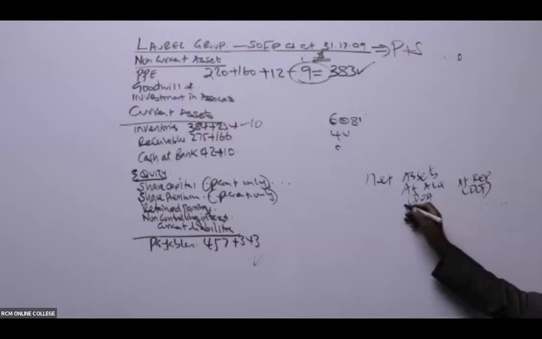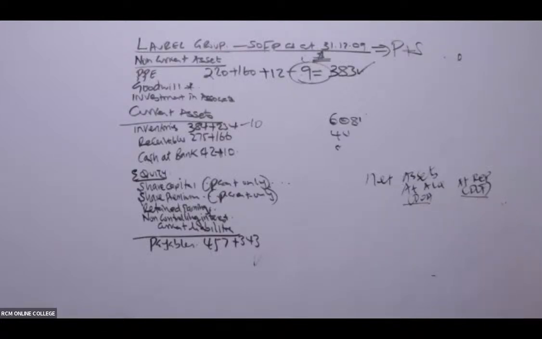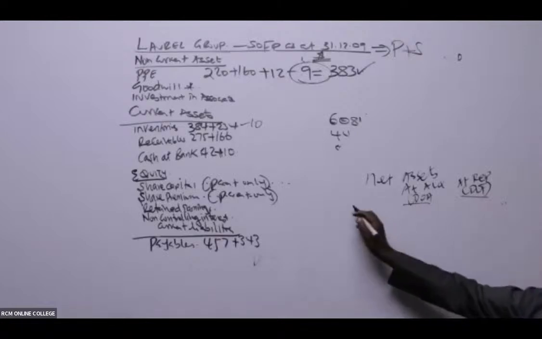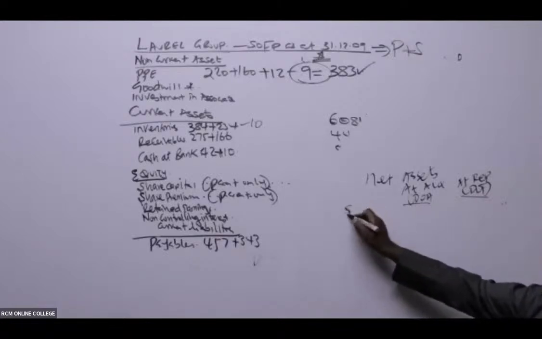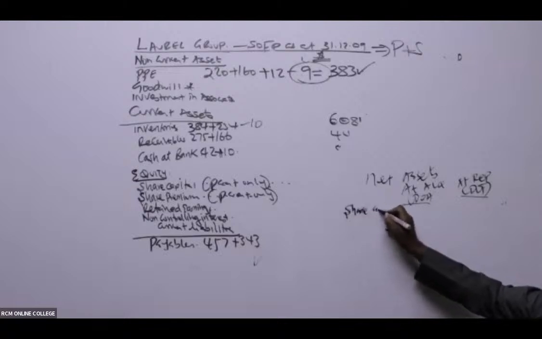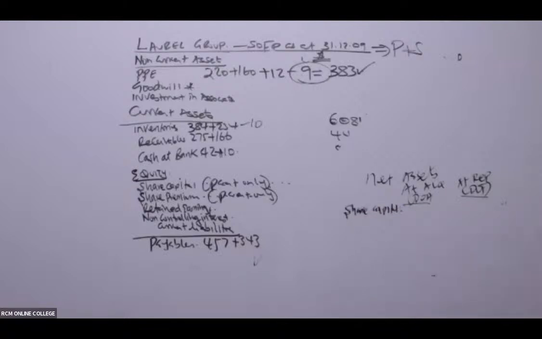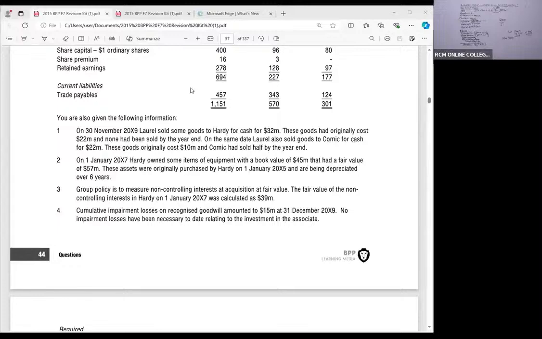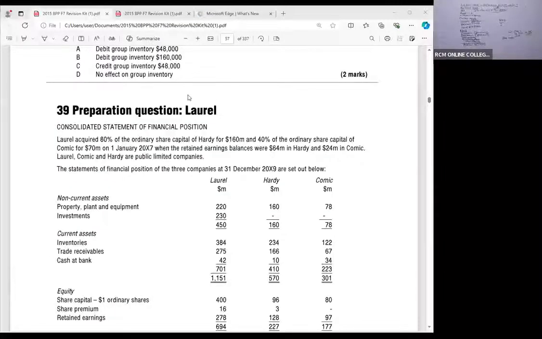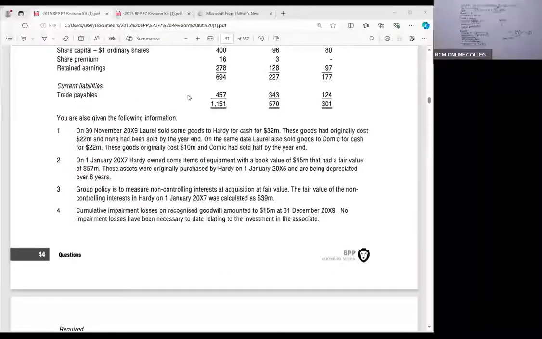All right. So at acquisition and at the date of financial statements. In this case here, we start with share capital. Remember, it is the equity components. These are net assets of the subsidiary.